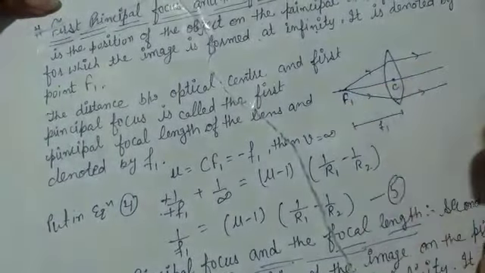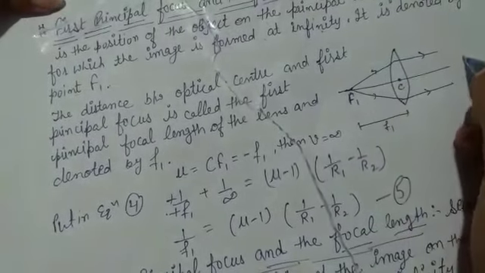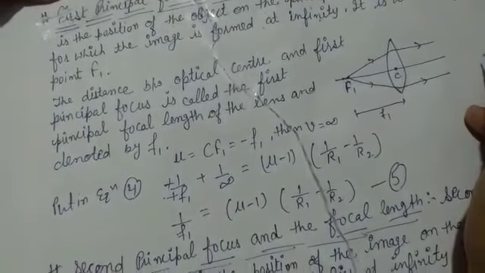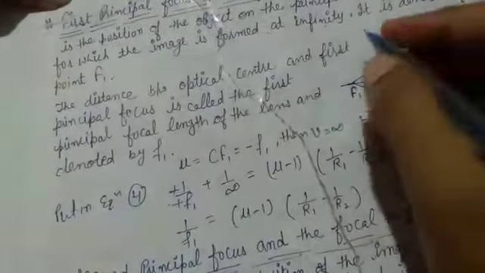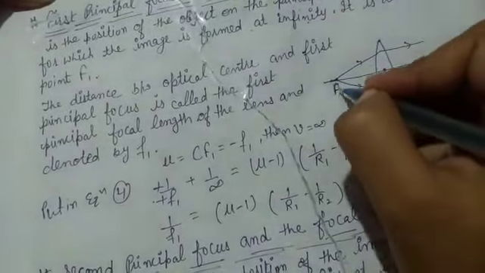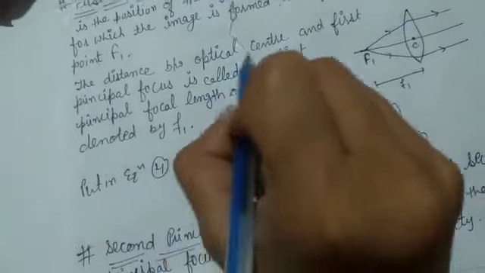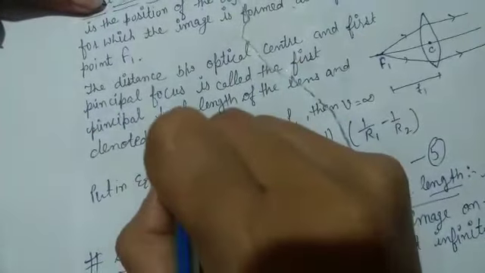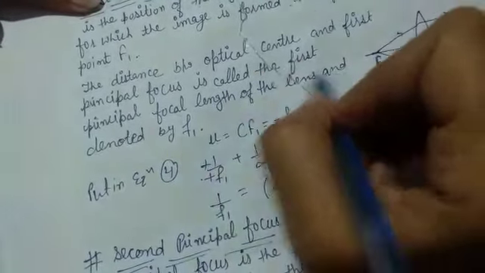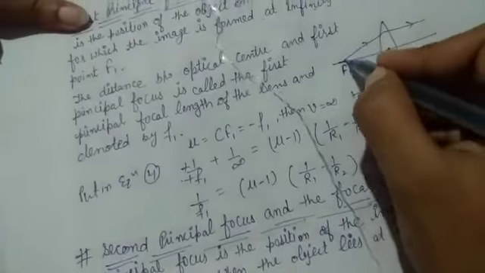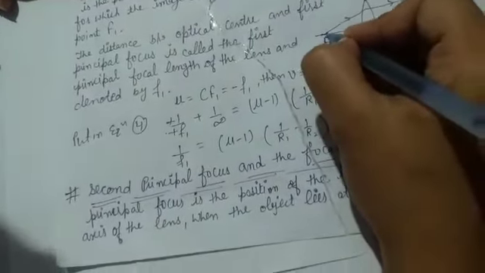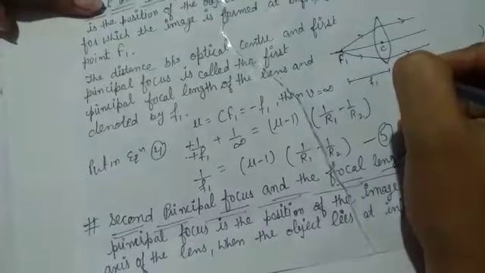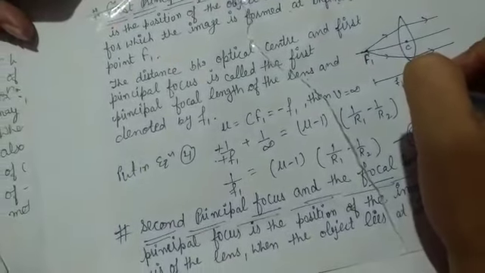When our object is at the focus, the image is formed at infinity. That's why the distance between the optical center and the first principal focus is called the first principal focal length of a lens and is denoted by f1.